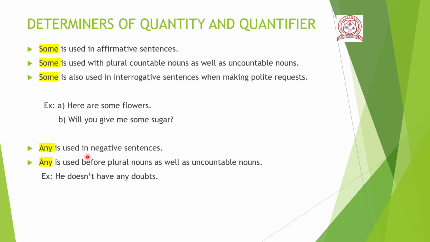Example: he doesn't have any doubts. Doubt is an uncountable word. He does not have any doubts. That means any is used in negative sentences, and also with plural nouns as well as uncountable nouns.